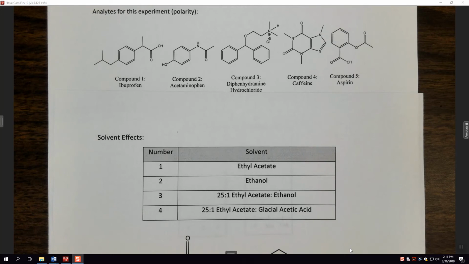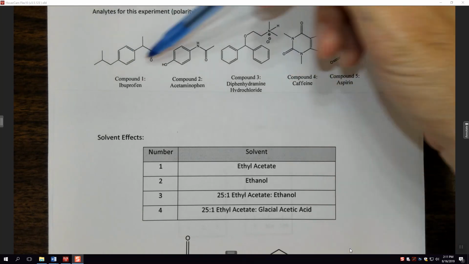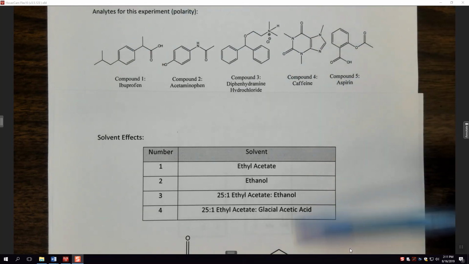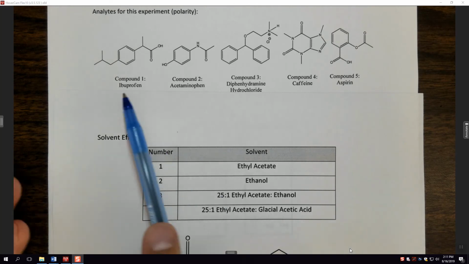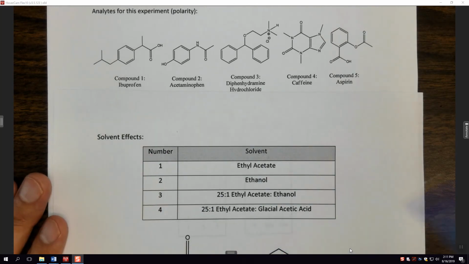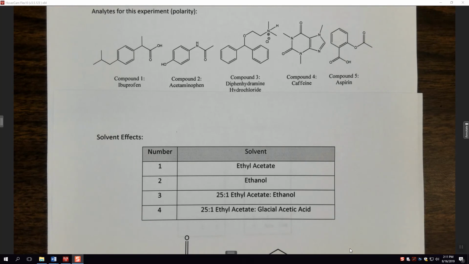So what you're going to do is you're going to elute these different compounds with these different solvents. And you're going to make an interpretation of what you think is the relative polarity of these compounds based on these solvents.